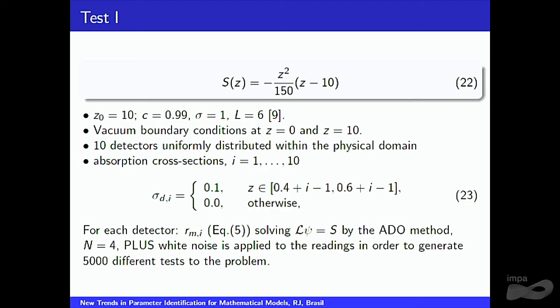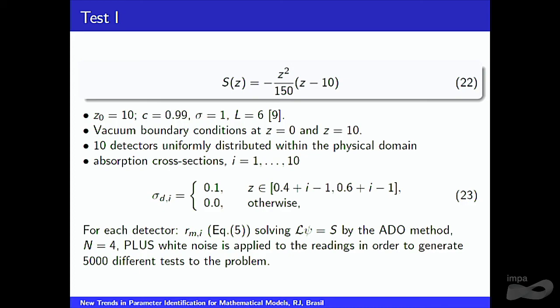First test, we consider 10 detectors distributed in the physical domain. And the absorption cross-sections of the detectors were defined also in a piecewise constant way. So for each detector, to get what we call the exact reading, we did two things.